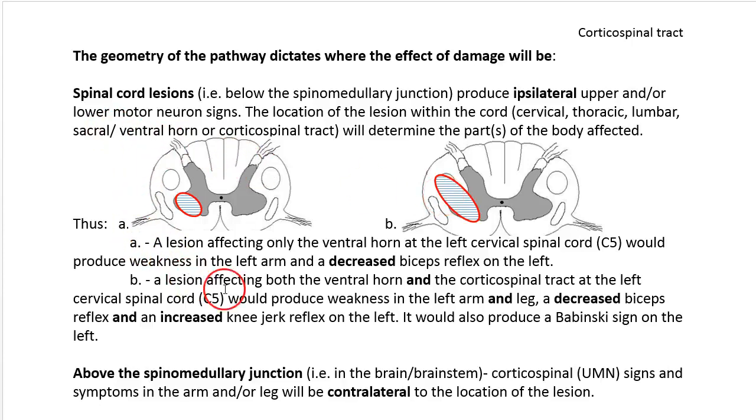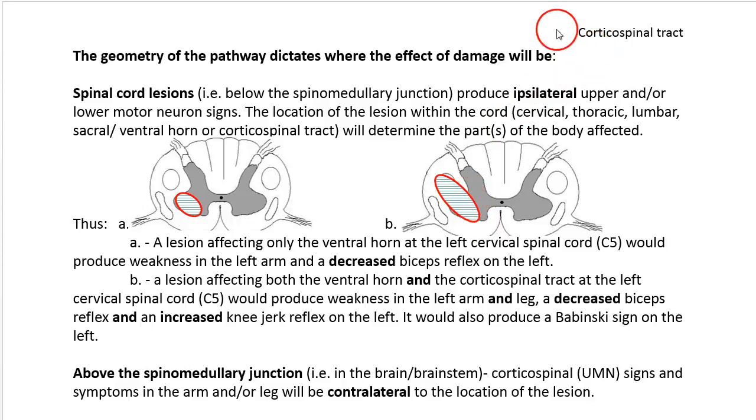In contrast to all of these effects at the spinal cord level, which are ipsilateral, that is, the reflexes and the weakness are ipsilateral to the side of damage of corticospinal tract or lower motor neuron, if we were above the spinal medullary junction, that is in the brain or the brainstem, then the corticospinal upper motor neuron signs, that is damage to the cortex, will have an opposite effect on spinal reflexes.